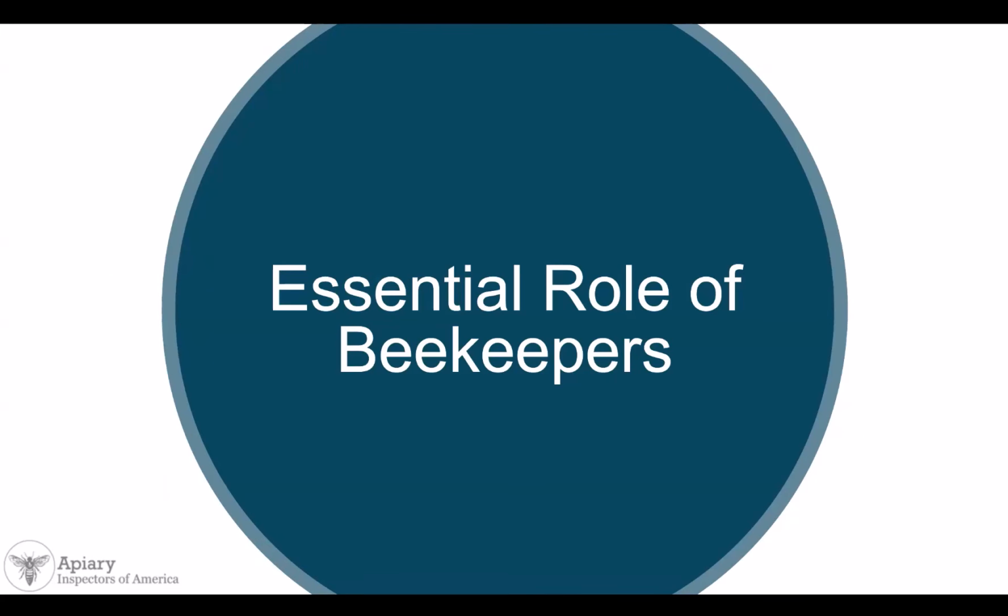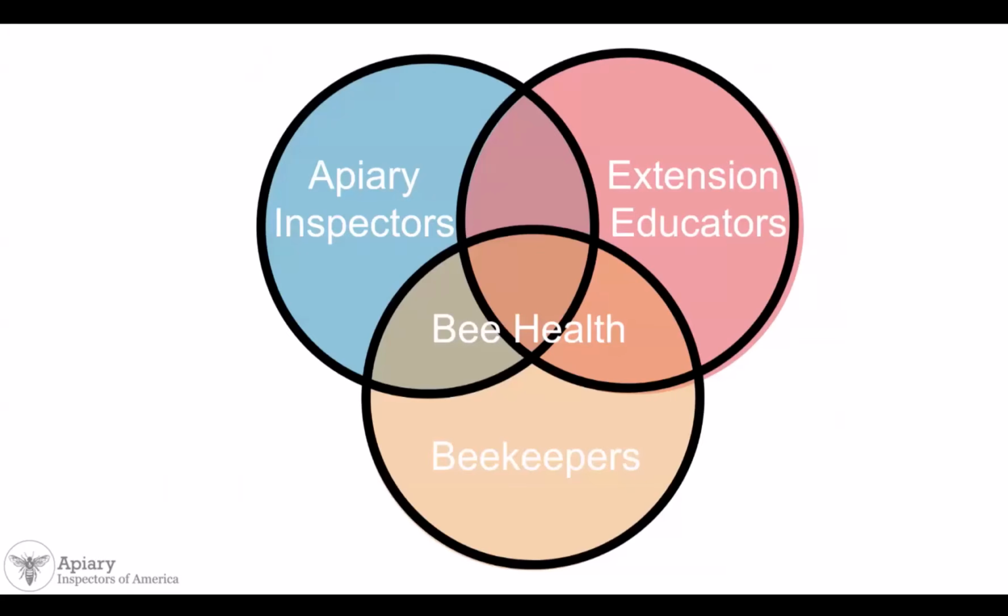So, essential roles of beekeepers, this is something that we think we really need to focus in on. As apiary inspectors, we've been doing a lot of initiatives, working with Anna and your group, working to train extension agents. We've also been working to train fellow inspectors on Tropilaelaps, like we had the training down in Auburn.